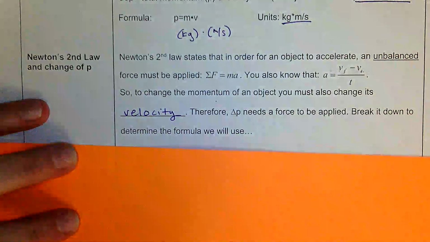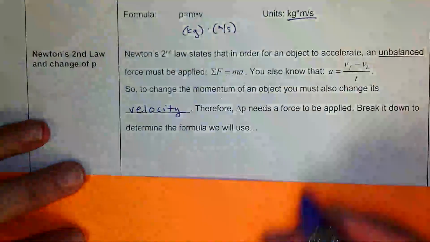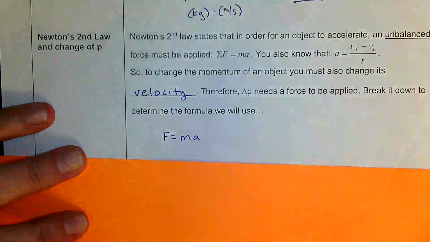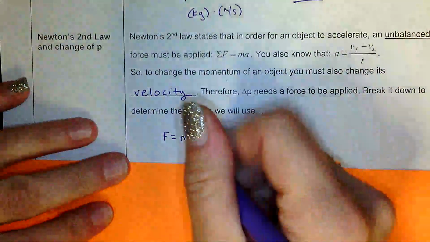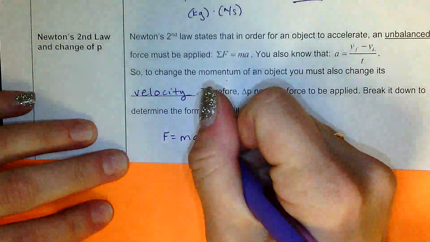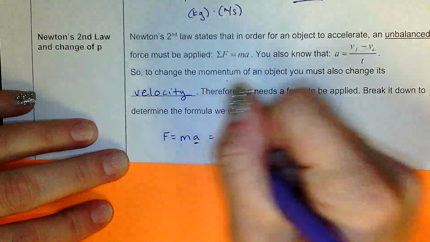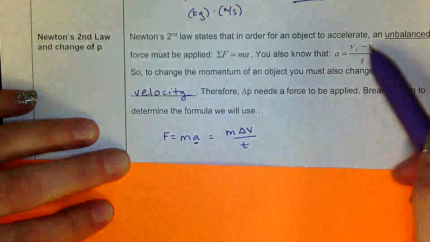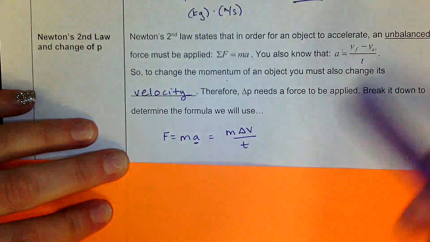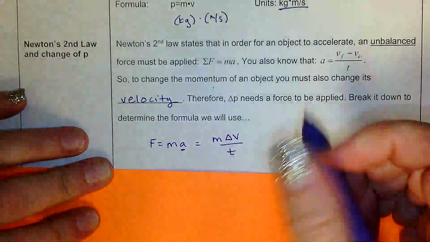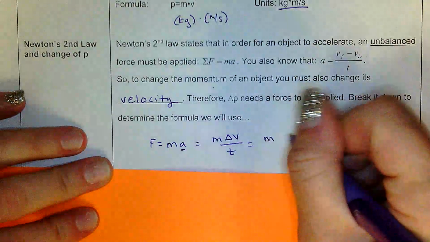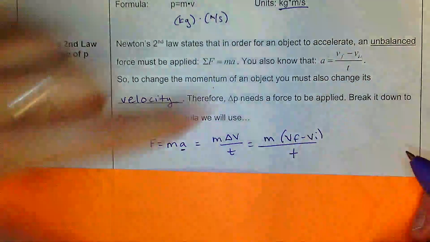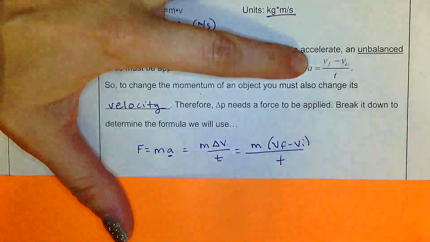Break it down to determine the formula we will use. F equals mass times acceleration, the one that we already know, right? If we break down acceleration, then we get mass times the change in velocity over time, because remember, acceleration is just a change in velocity over time. And we can even write that as final velocity minus initial velocity all over time, which is what you see here.